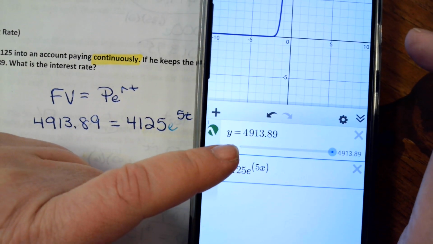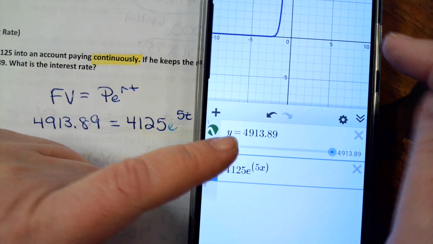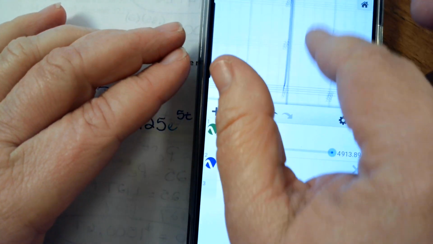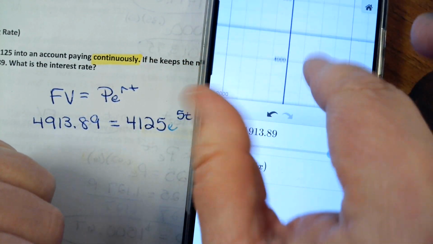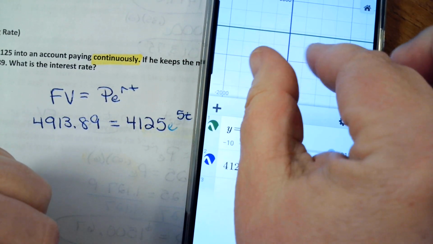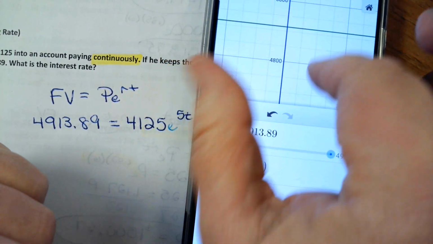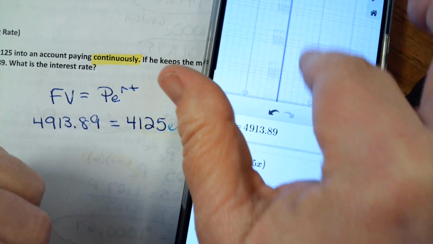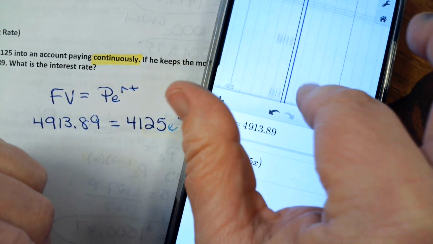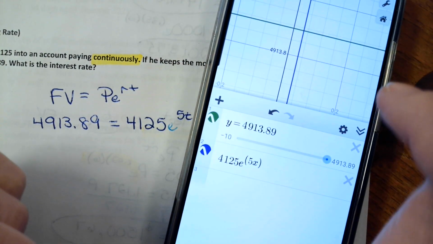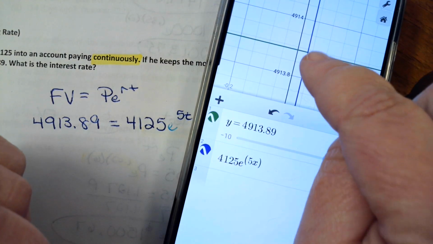All right, so I need to go up to my y-axis to about 5,000. So I'm going to shrink this right here. I hit about 5,000, and I can see my two lines intersect right here. So I'm going to magnify that, focus on that point of intersection, because I want to be able to see their intersecting points.